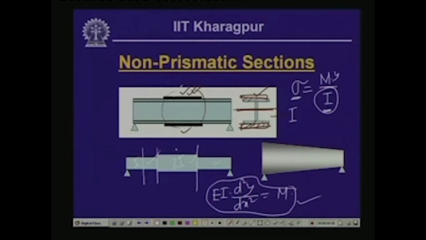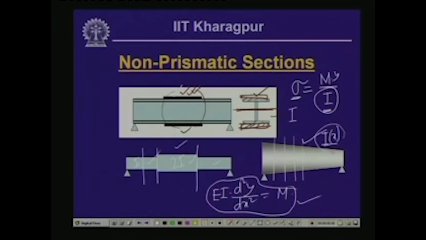Now, in this particular case it becomes rather simpler, but for a case where you have a beam of this particular form, where the beam is a non-prismatic one, that means any section you take, the cross sectional parameter is always changing, and thereby the value of the moment of inertia I is changing, and it is a function of x along the length of the span.